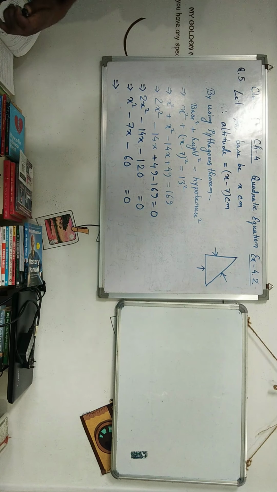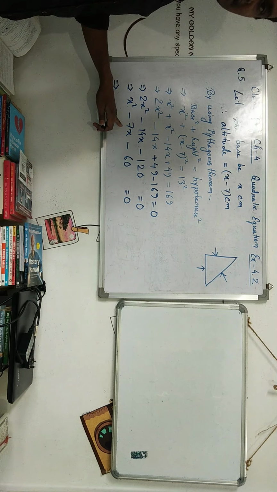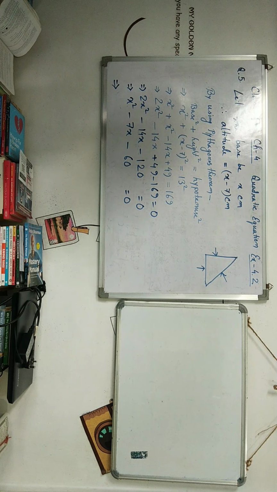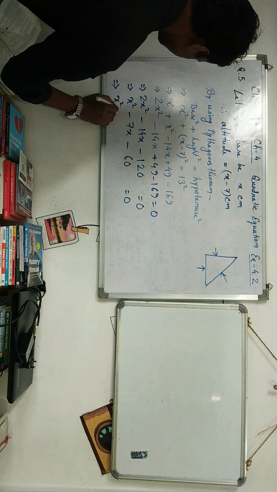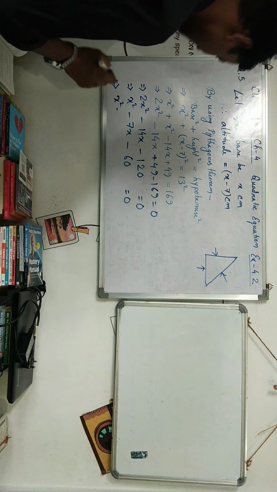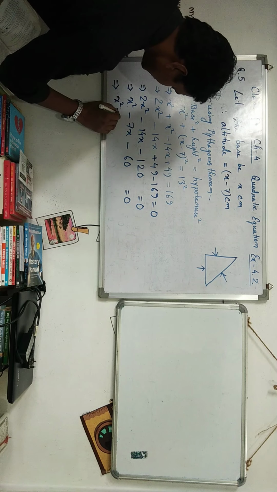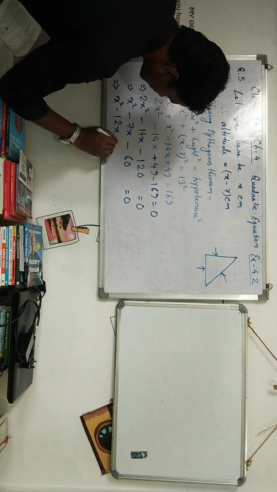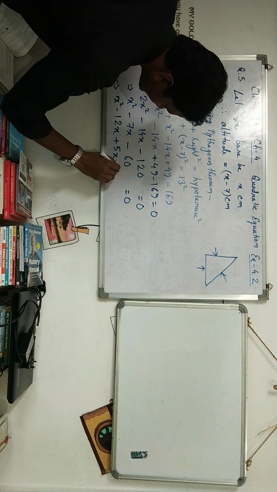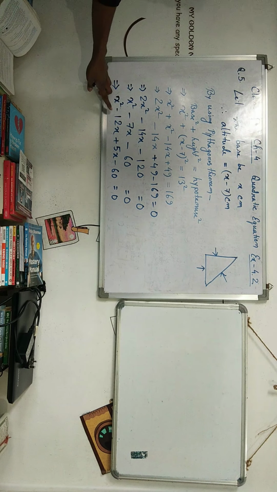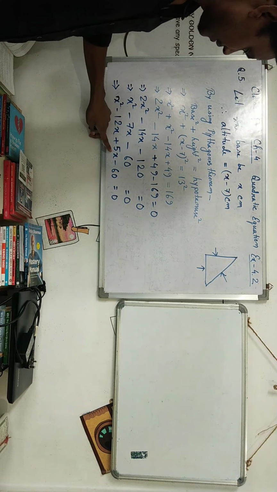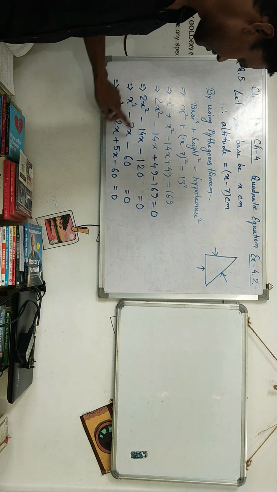I have to split that 60 in such a way that if I subtract, I get minus 7. So x square minus 12x plus 5x minus 60 is equal to 0. 12 into 5 is 60, and minus 12x plus 5x is minus 7x.